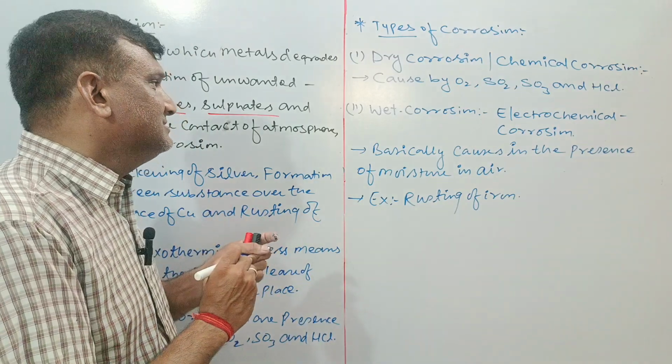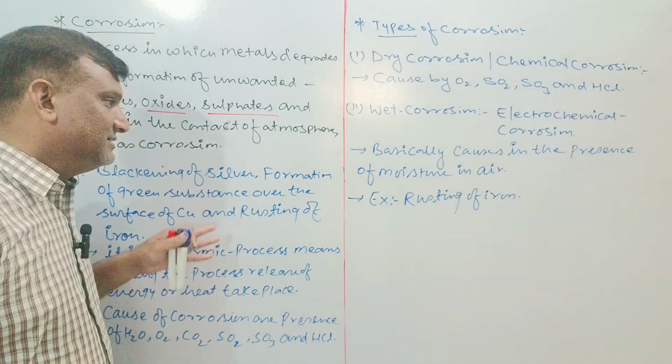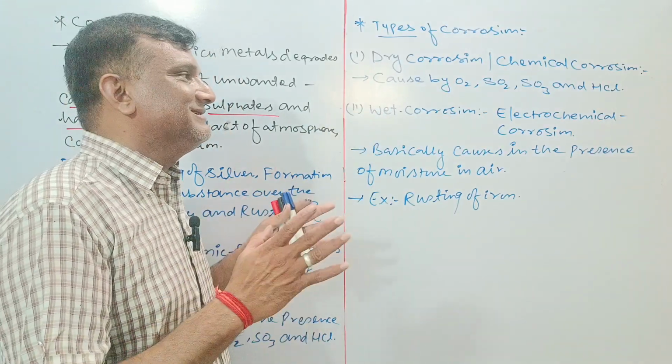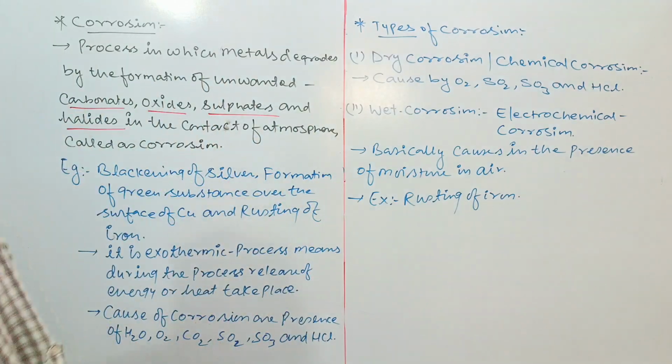So this was about the meaning of corrosion, cause of corrosion, exothermic process, and types of corrosion as dry and wet corrosion. Now we'll go with the mechanism of rusting of iron. Go through this properly because it's too important, and this is the last topic of this chapter also. After this, we'll go with alcohol, phenol, and ether as the next chapter, because previously we discussed haloalkane and haloarene.